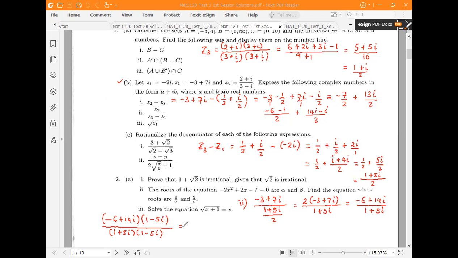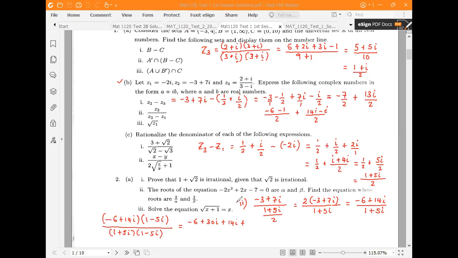That is minus 6 plus 30i plus 14i plus 14 times 5. I've said plus because i times i is negative, and then we have another negative with 5 there.